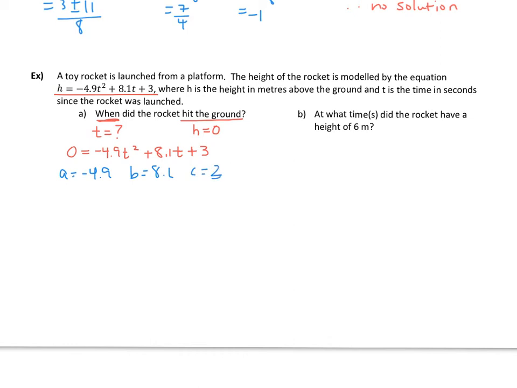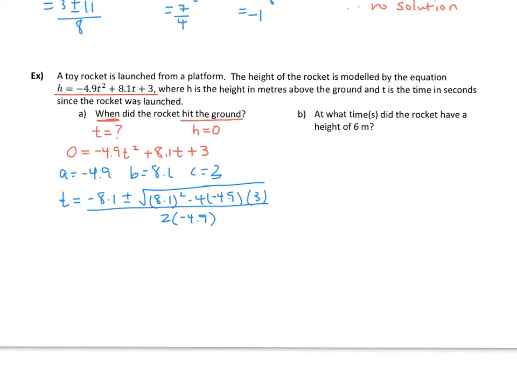So x, or in this case, I'm not going to use x, I'm going to put t because it's time we're solving for. Time equals negative b plus or minus square root b squared minus 4 times a times c, all divided by 2a.